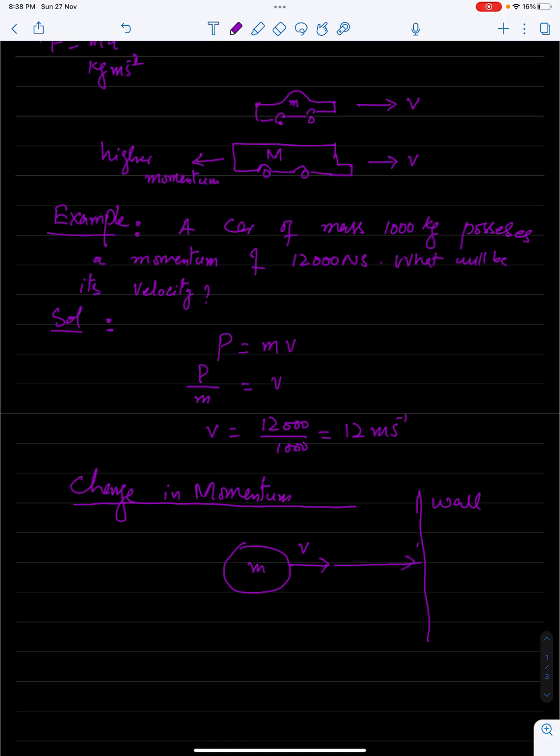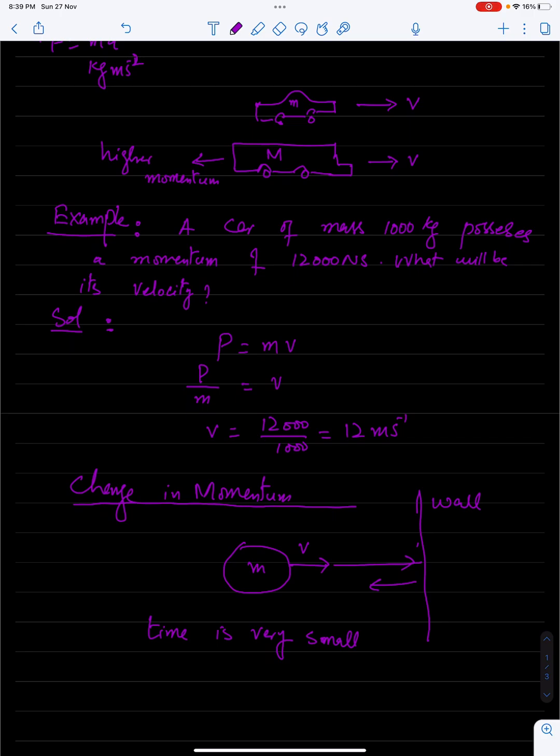So then definitely the ball will rebound and there will be a change in its momentum, right? We have seen that this change has occurred within a very short duration of time, because the time is only what the ball takes when it is in contact with the wall. So that's why this time is very small.